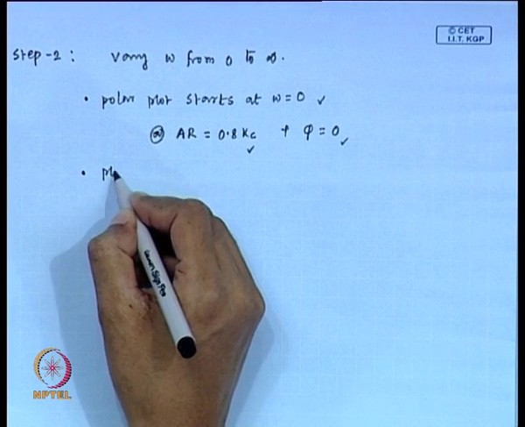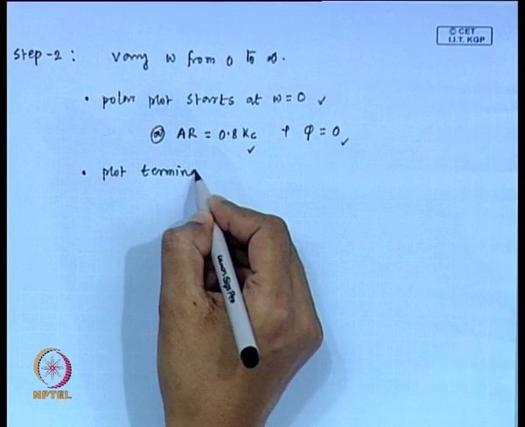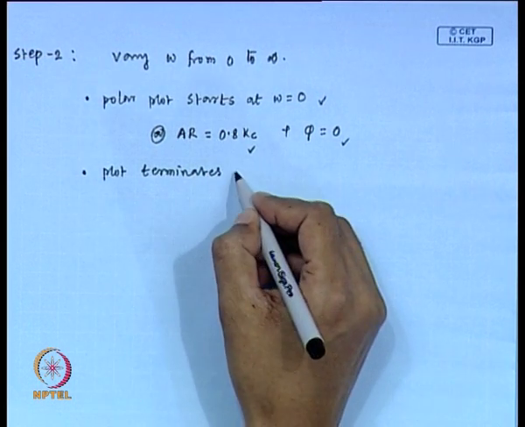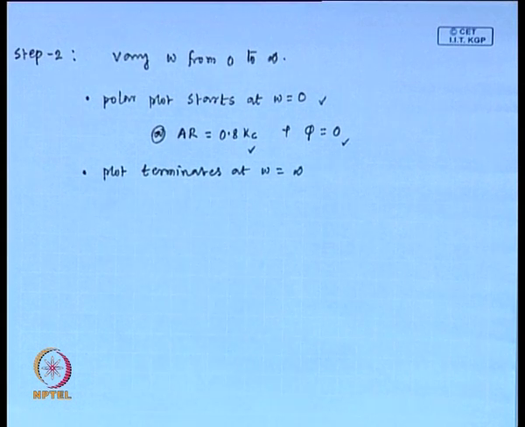Now, the polar plot terminates at omega equals infinity.